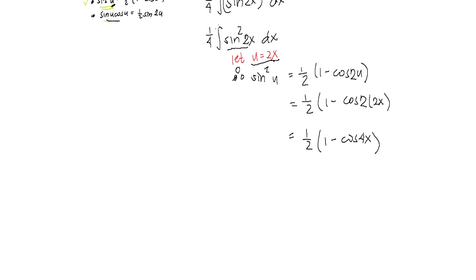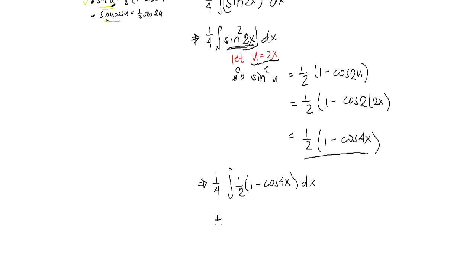Then bringing back to the main equation, we have 1/4. The equivalent trigonometric identity of this whole term is this one: 1/2 times 1 minus cosine 4x dx.